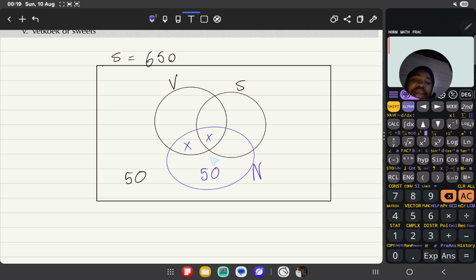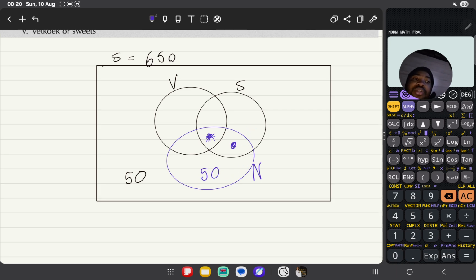And on this area, we would be saying that our guy bought fat cooks, bought sweets, and bought nothing, which still doesn't make sense. And here we are saying our guy bought sweets and nothing, which also doesn't make sense.